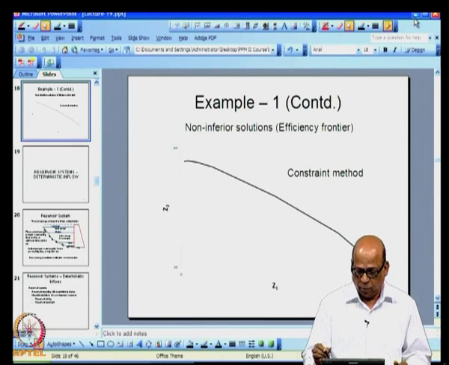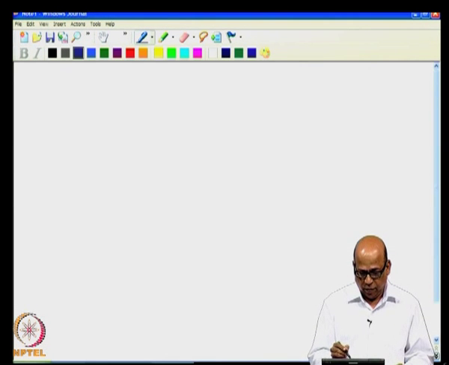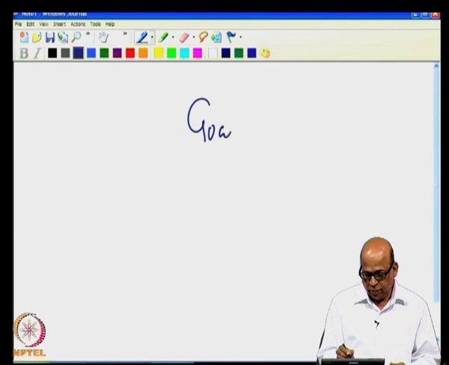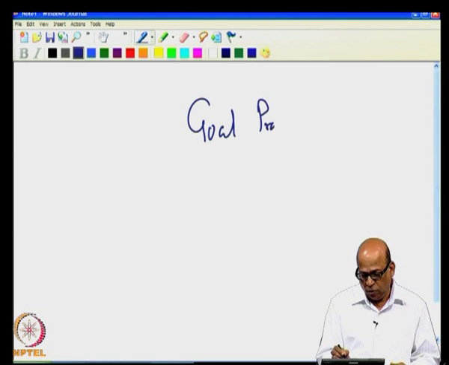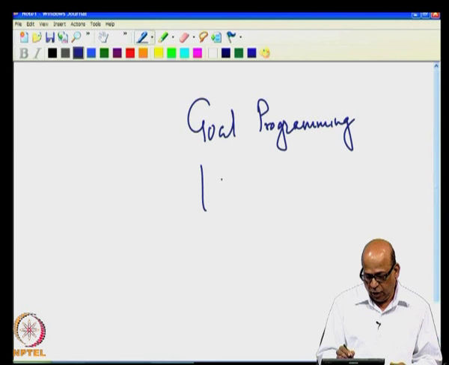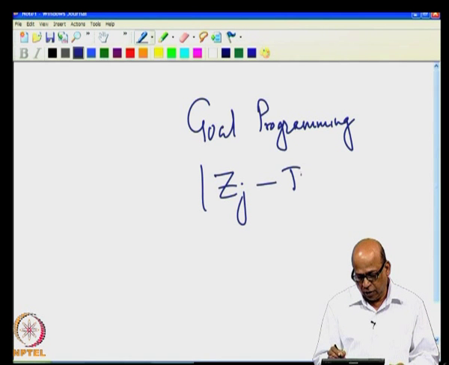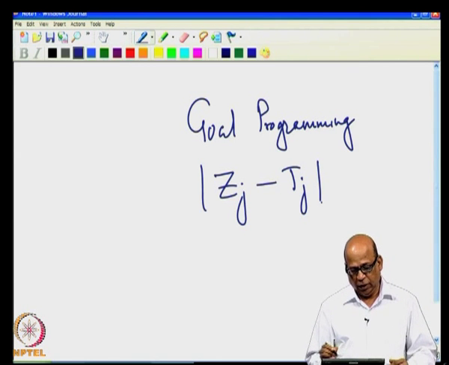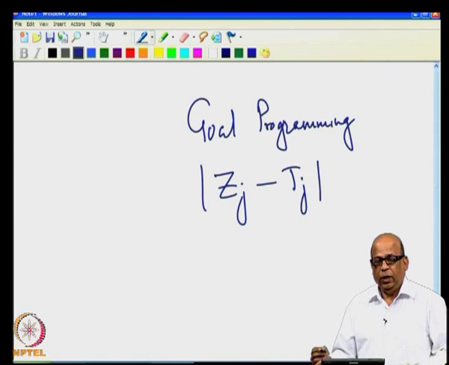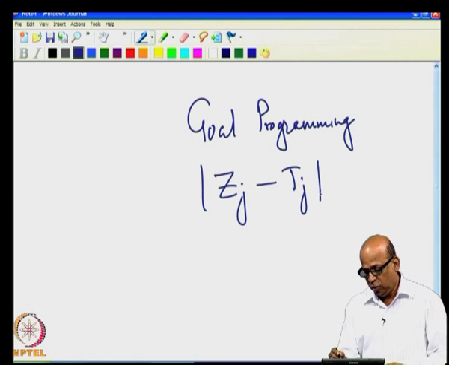For example, there are p objective functions and you may set goals of attainment for each of the objective functions. So, we may say Zj is my objective function, I may set a target of Tj for meeting this particular objective function, and then consider the absolute value of the difference between Zj and Tj.